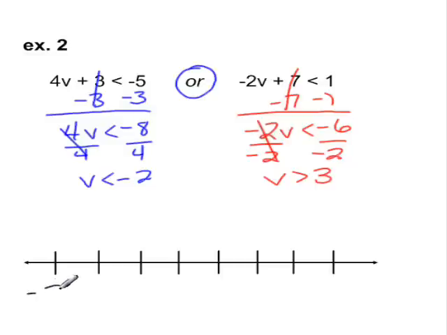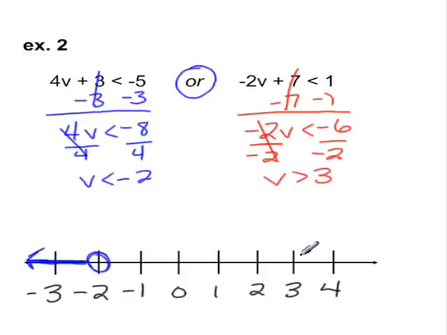I'm going to start at negative 3. And graphing our solution in blue, we're going to have an open dot on negative 2. And this time the arrow is less than, so we're going to the left. Our solution in red will also have an open circle on positive 3, and it's greater than, so that arrow is pointing towards the right.